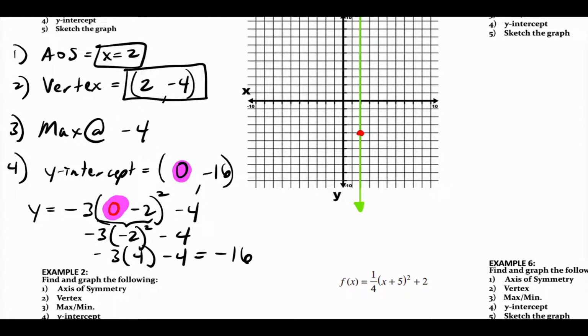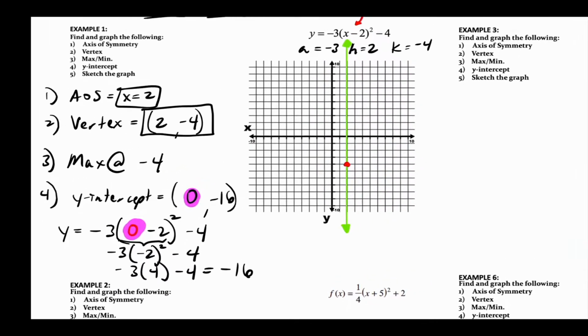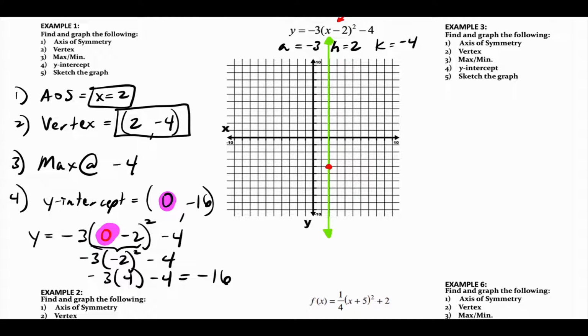So 0, -16. That's the y-intercept. That's off my graph. But if I had it, it would be somewhere like here. So it would look like that.